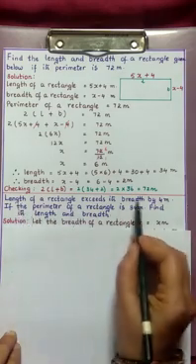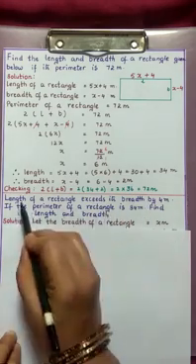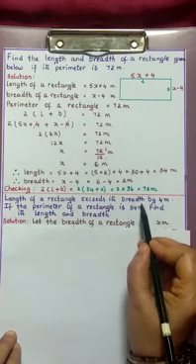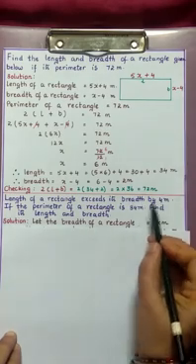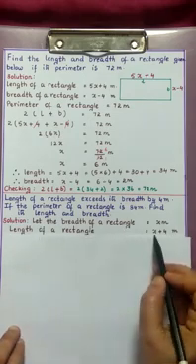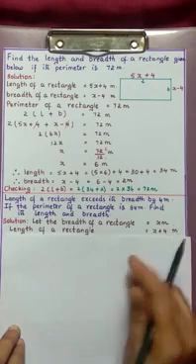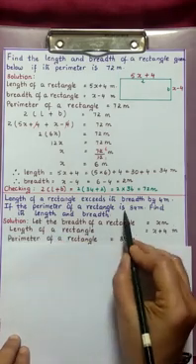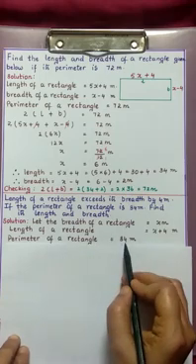So as per the first statement, how is the length here? 4 meters more than the breadth. That means we add 4 to breadth to get length. So length of a rectangle is x plus 4 meters. Now what is given in the sum still? Perimeter of a rectangle is 84 meters.